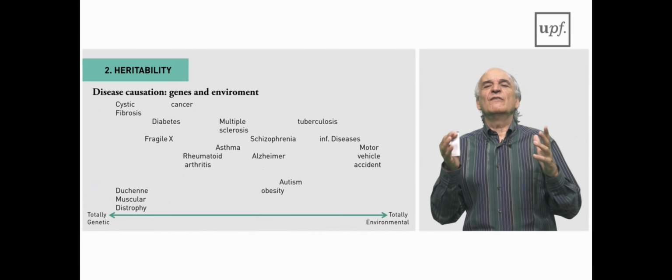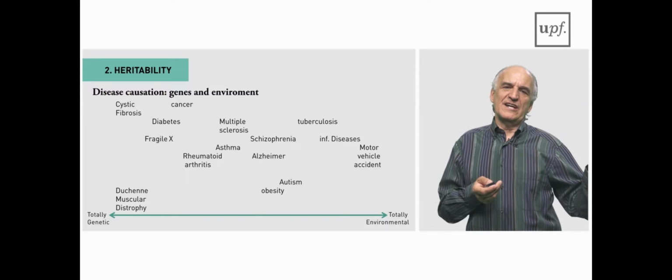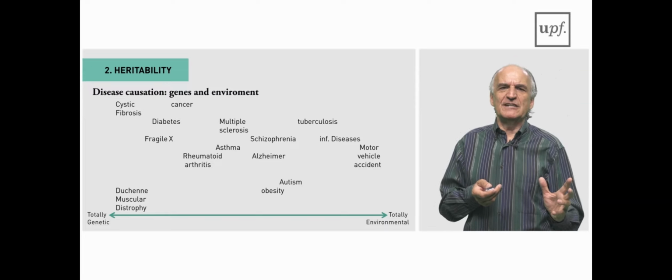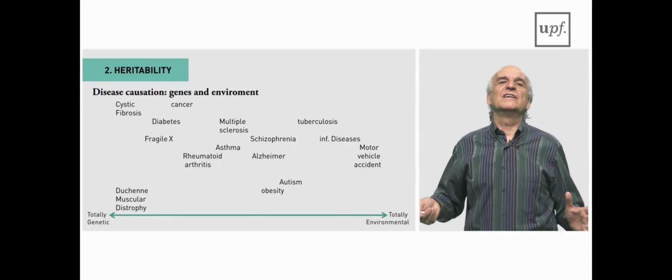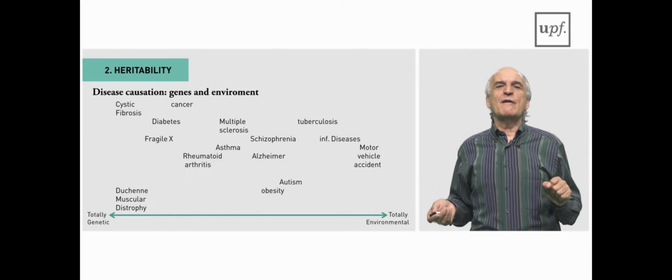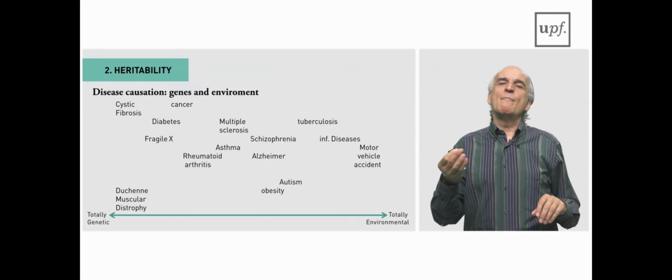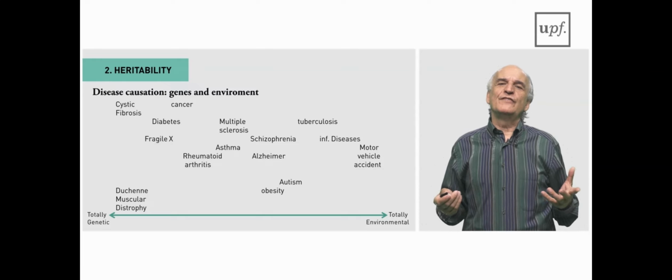This is a general view of cases in which we have, to the left, very strong genetic base, so these are the Mendelian, like Duchenne muscular dystrophy or cystic fibrosis, and if we go to the right, there is every time more and more importance of the environment.